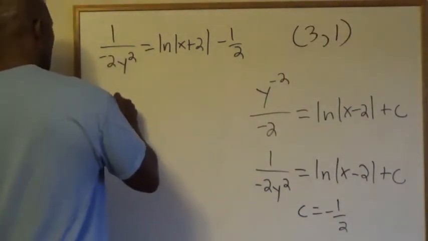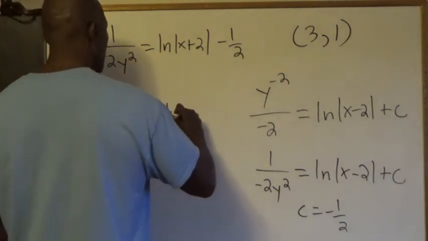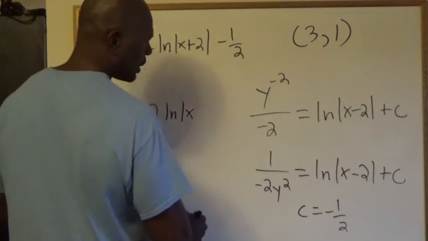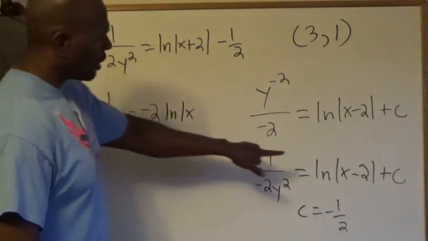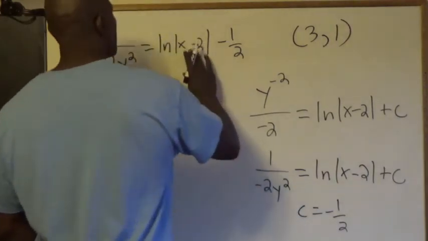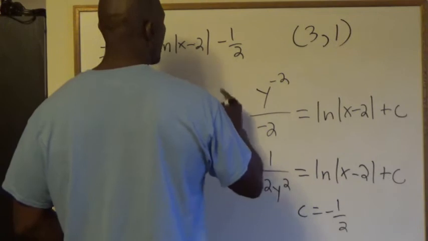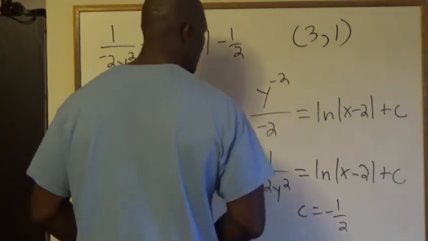And that would give me 1 over y squared equals -2 ln|x - 2| plus 1. I wrote x plus 2 here, but this is clearly x minus 2. Please forgive me.